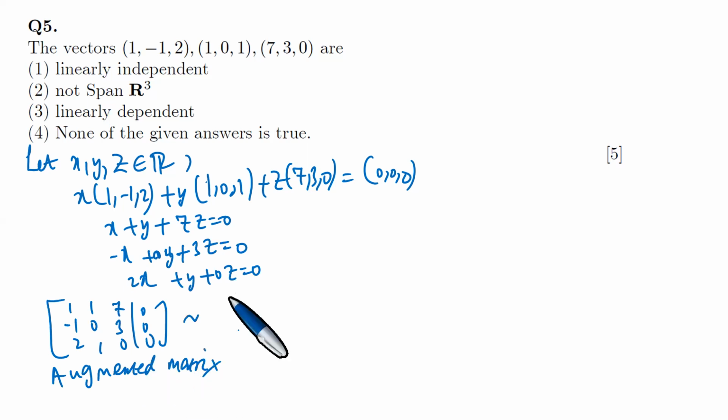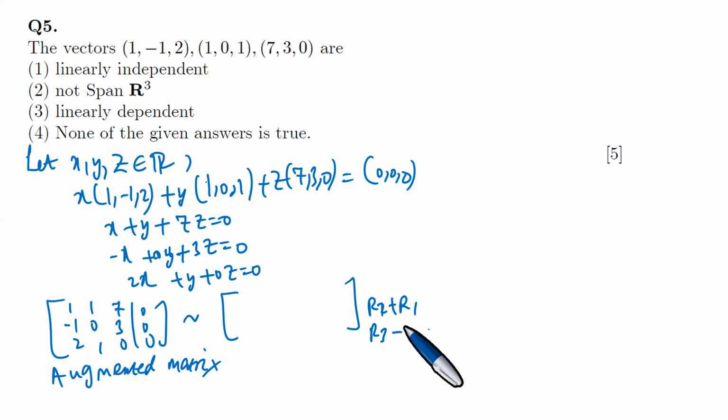This augmented matrix would be, okay, we already have a leading one. Row 2 plus row 1. So you have 1, 1, 7.